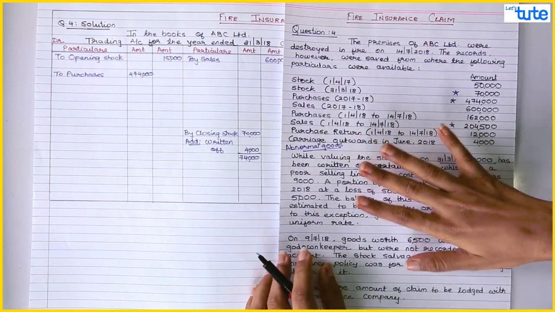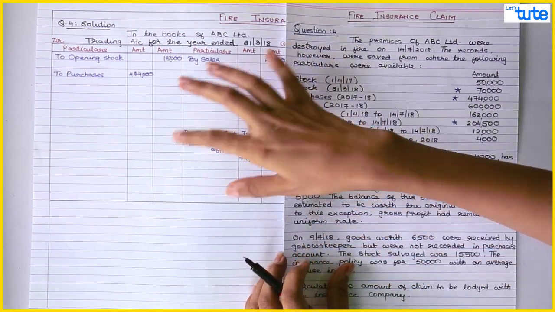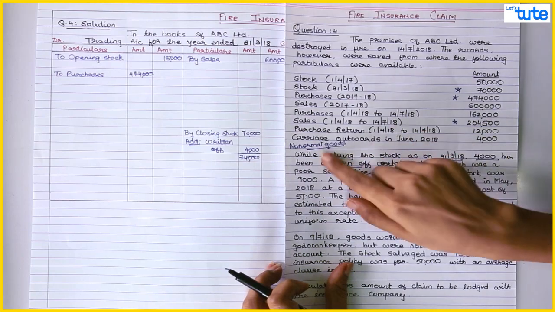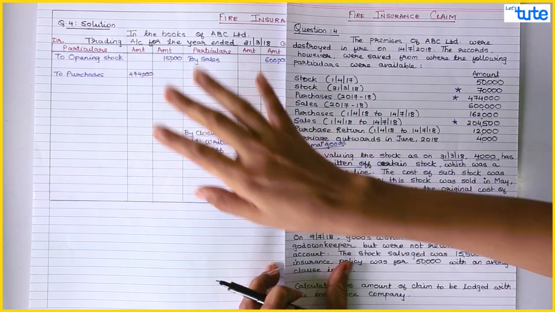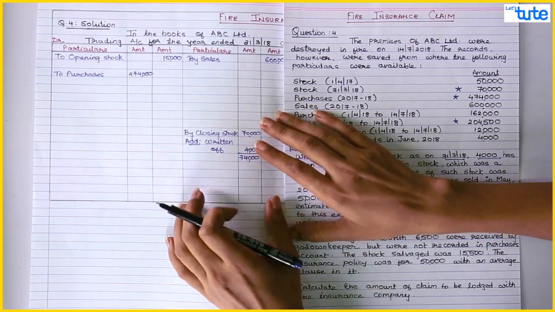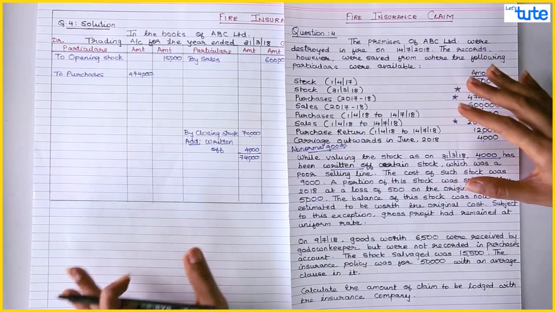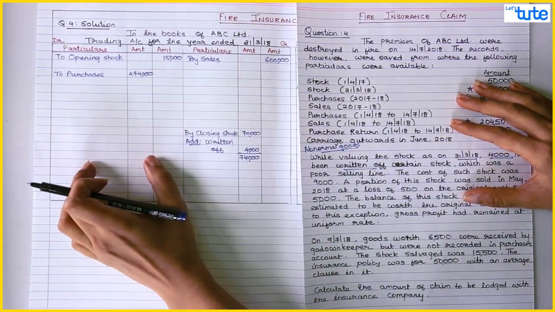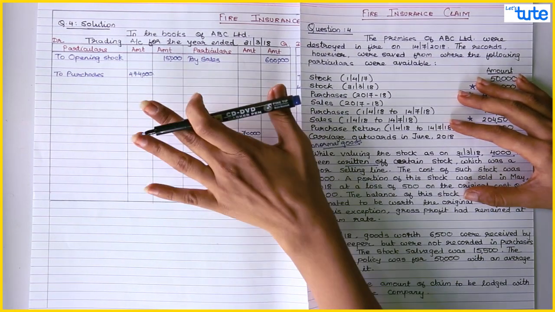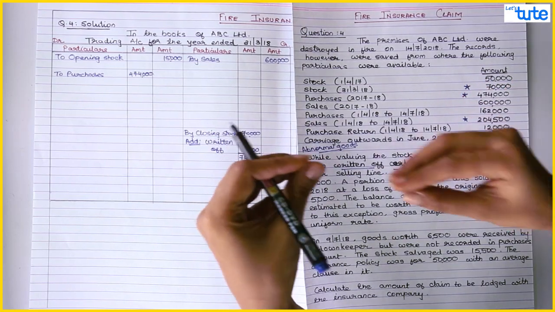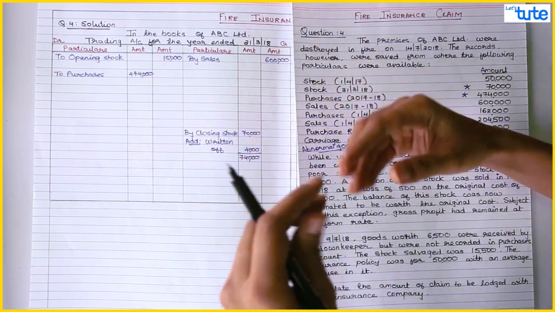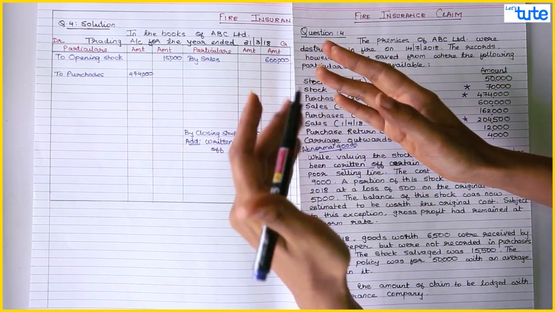Now what you have to do with these abnormal goods: wherever there is an effect of these abnormal goods, you reduce or deduct those effects from these items and treat the abnormal goods separately, because when we find out the GP ratio on sales, we need a uniform GP ratio. There can be some goods which might not give you the same GP.